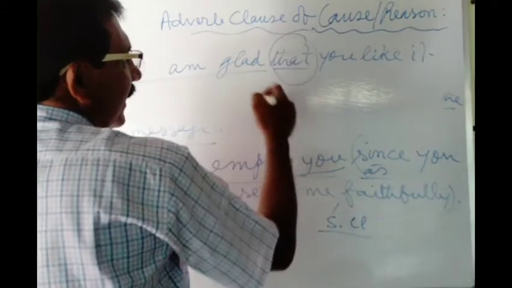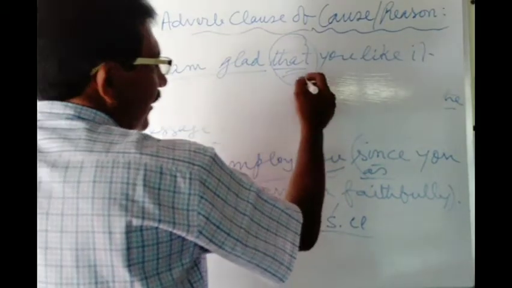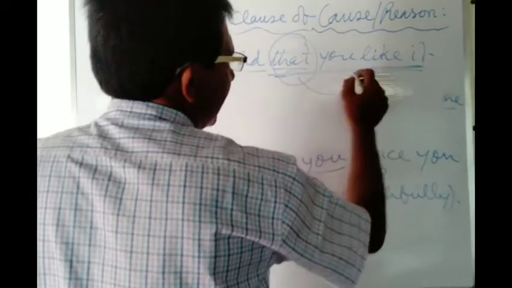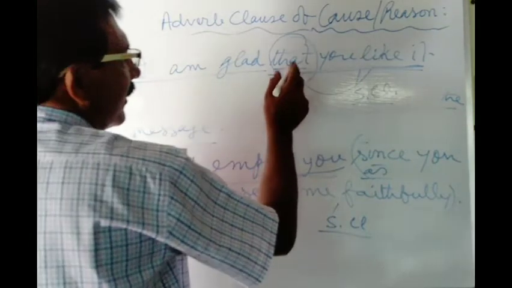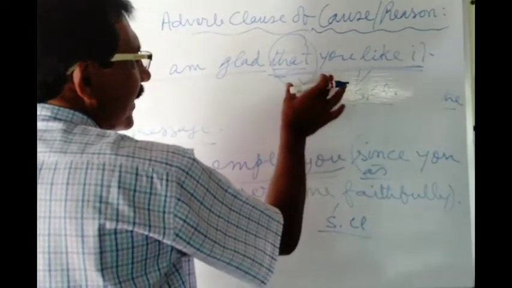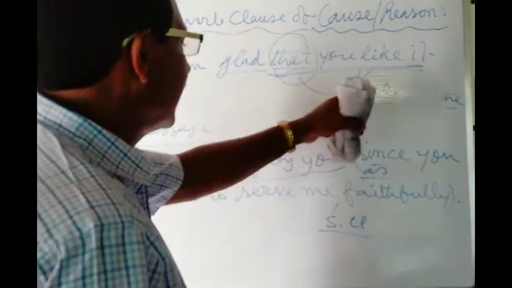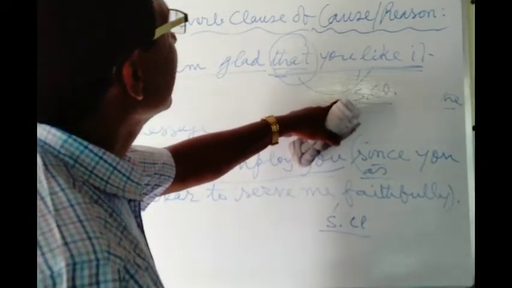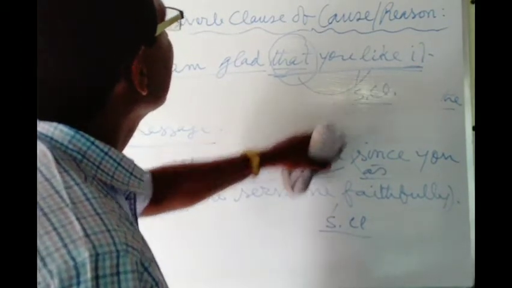Such type of subordinating conjunction may also be used at the beginning of the subordinating clause. That you like it, this is the subordinating clause. And here that indicates the cause. Subordinating clause is used in order to introduce the reason or cause. That you like it. Such type of subordinating conjunction may also be used in order to indicate or mention the adverb clause of cause or reason.